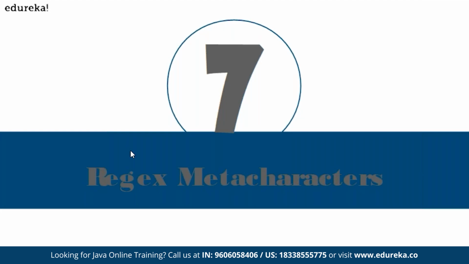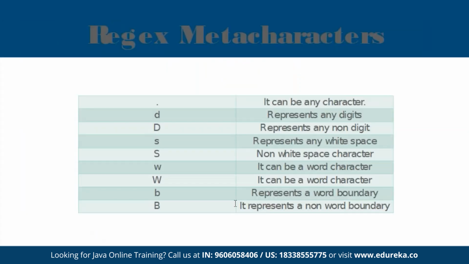What are regex meta characters? Regular expression meta characters work as shortcodes. Here you are able to see the table for these shortcodes. Dot can be any character, and may or may not match the line terminator. Small d represents any digit, short for 0 to 9.